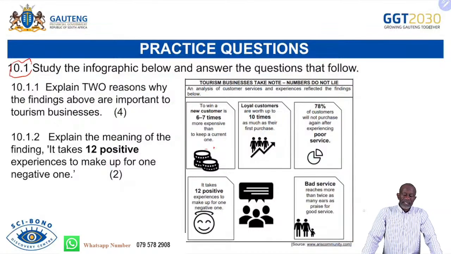10.1.1, that is the question. You are asked to explain why the findings above are important to tourism businesses. Explain two reasons why the findings above are important to a tourism business.